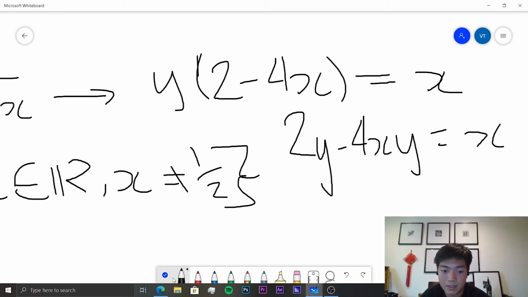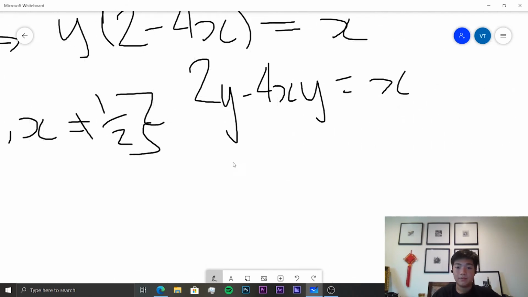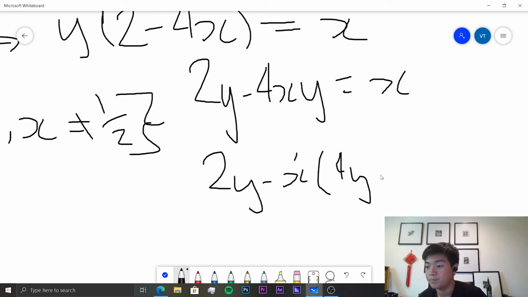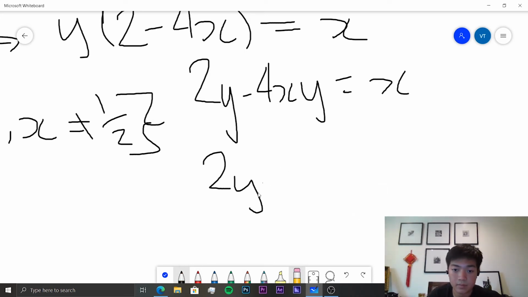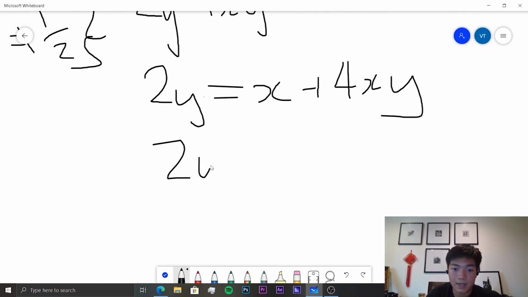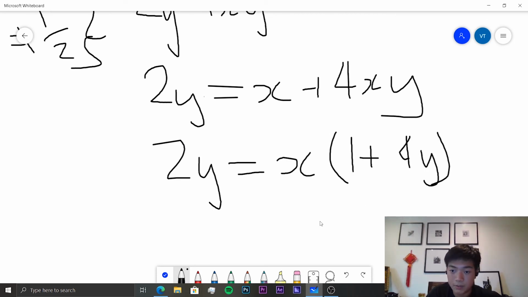So if we bring this over to the other side, oh, sorry, no. 2y is equal to x plus 4xy. And so therefore, 2y is equal to x times 1 plus 4y. So we have x is equal to 2y over 1 plus 4y.